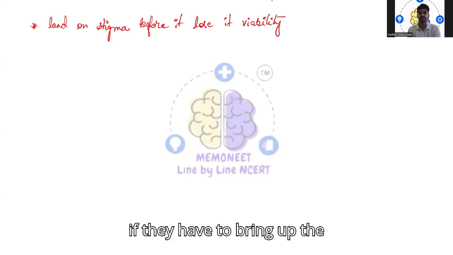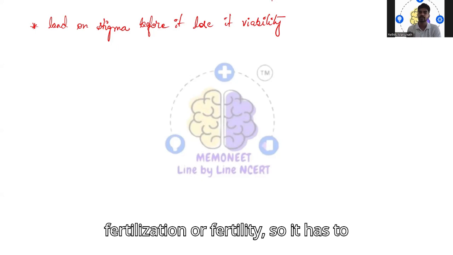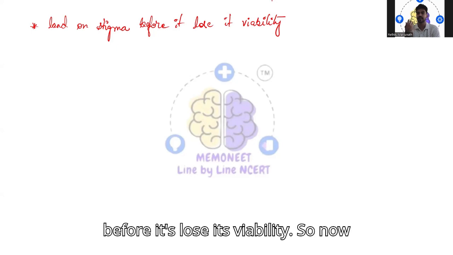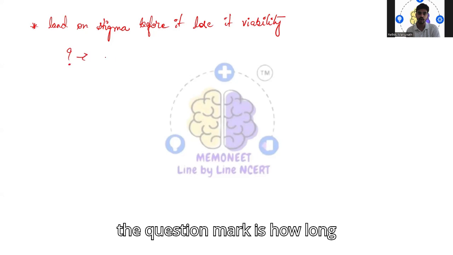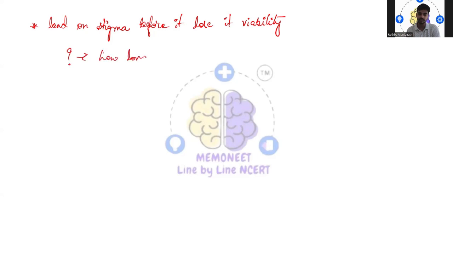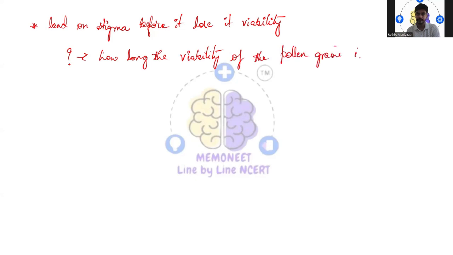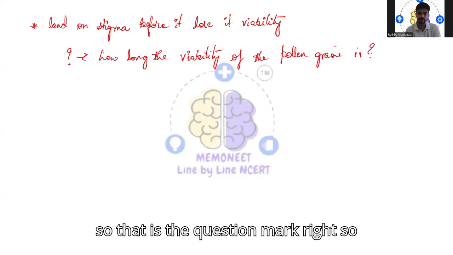If fertilization is to take place, they have to immediately go and land on the stigma before losing viability. So now the question is, how long is the viability of the pollen grain?